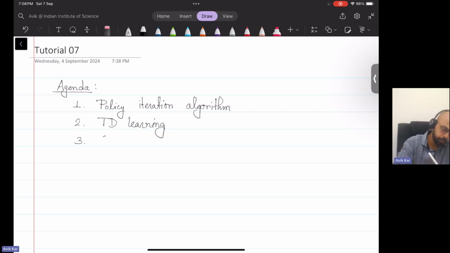And then we'll code Q learning algorithm. While coding this algorithm, we'll also introduce the gymnasium environment.